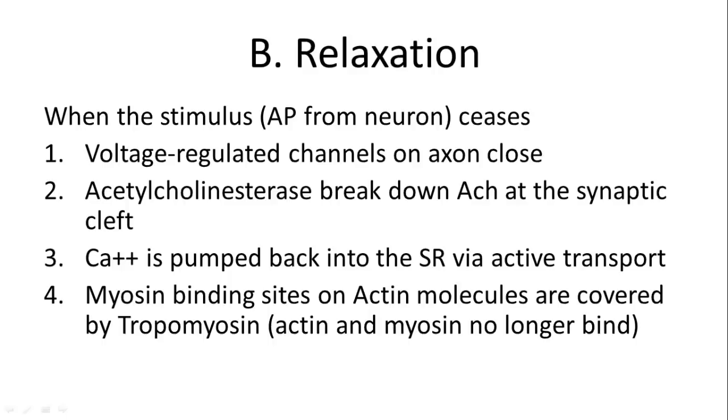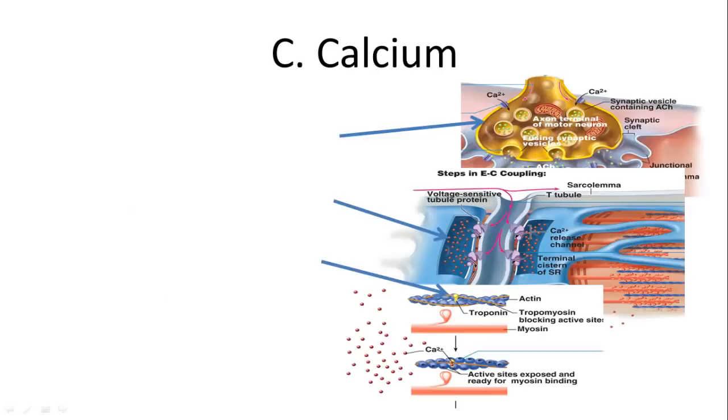Okay, and that's how it works. That's how your muscles contract. It's a big, long process, but it follows a story. So if you can go from one end to the next, you can understand this pretty easily.